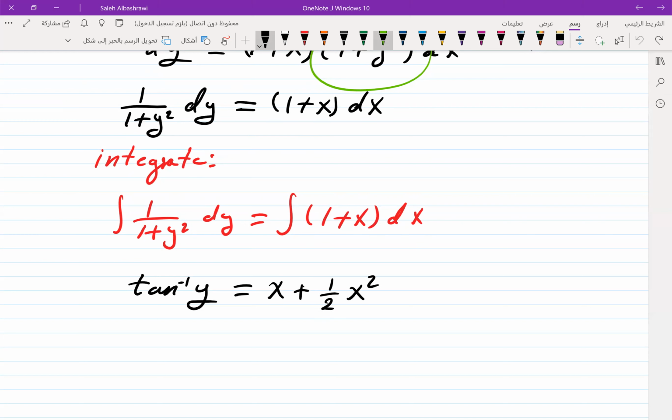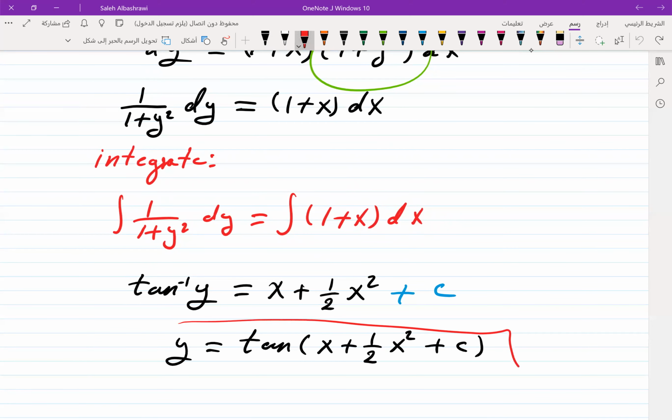And since this is indefinite, we must have constant c. So it is plus c, or y equal to tangent of (x plus 1 half x squared plus the constant c). And this is the solution of the differential equation.